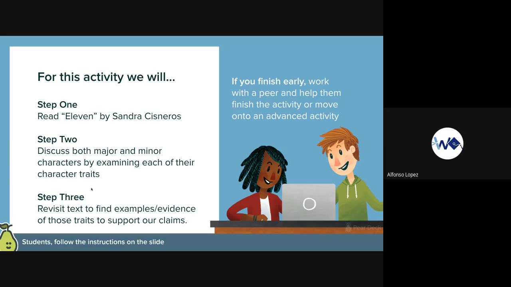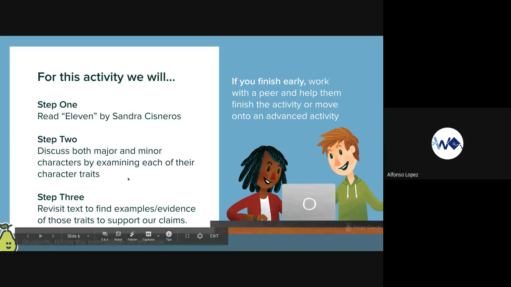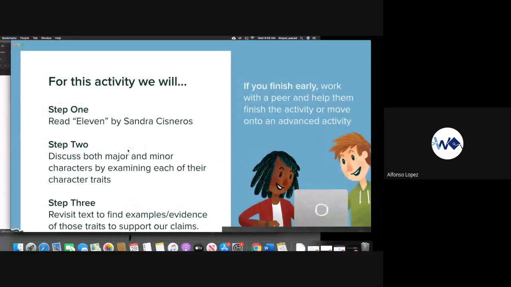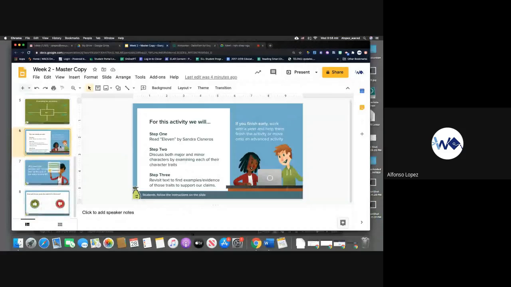And then when we finish for the week, our activity will be to revisit the text. So we're going to go back to the story and find examples of these traits in her short story narrative to explain how this supports our claims. Okay, so we will look at that and go ahead and pause right here if you would like to.